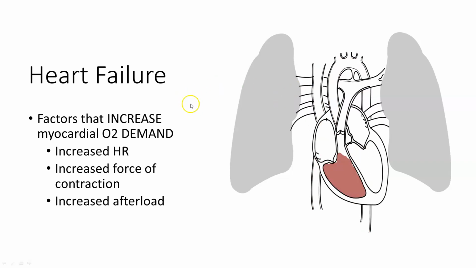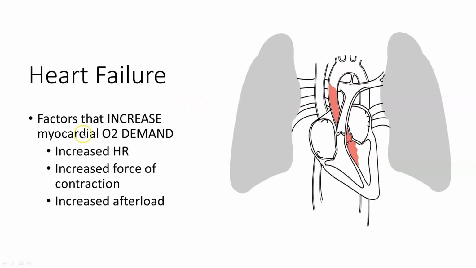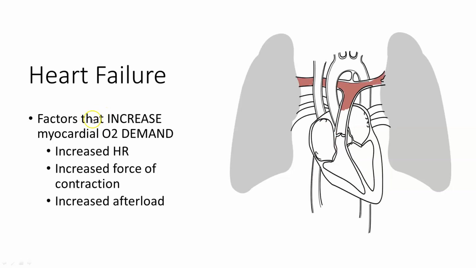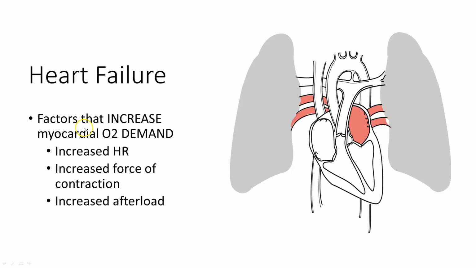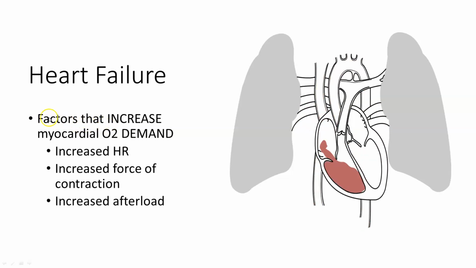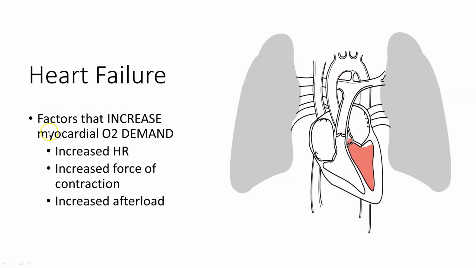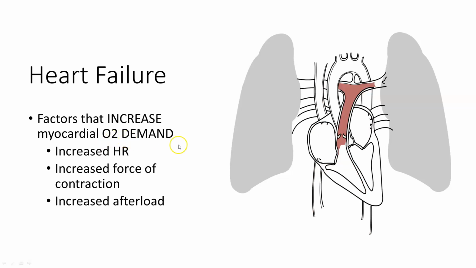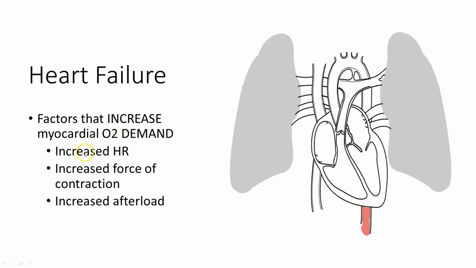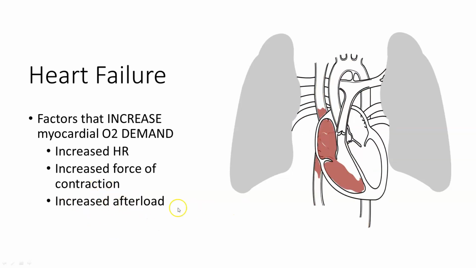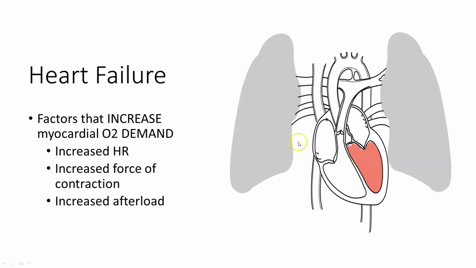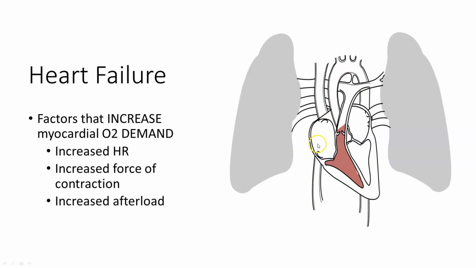Generally what we're thinking about here with heart failure is that we want to do things that keep the heart from being stressed. We know that certain factors increase myocardial O2 demand. If you have an increased heart rate, increased force of contraction, or increased afterload, so resistance, your heart needs more oxygen to maintain its normal function.